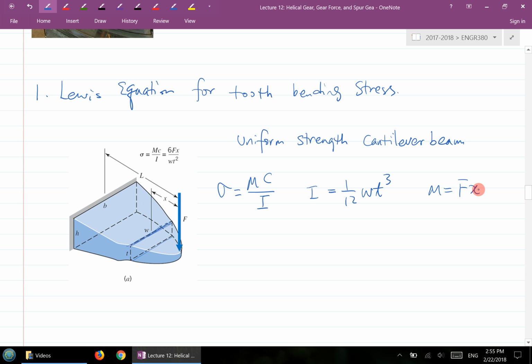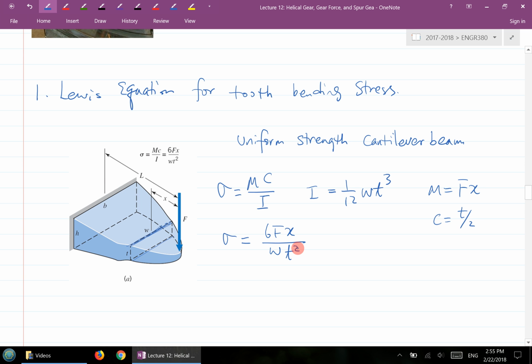And c equals T over 2. If you substitute everything in, you get sigma equal to 6 times F times X divided by W times T squared.